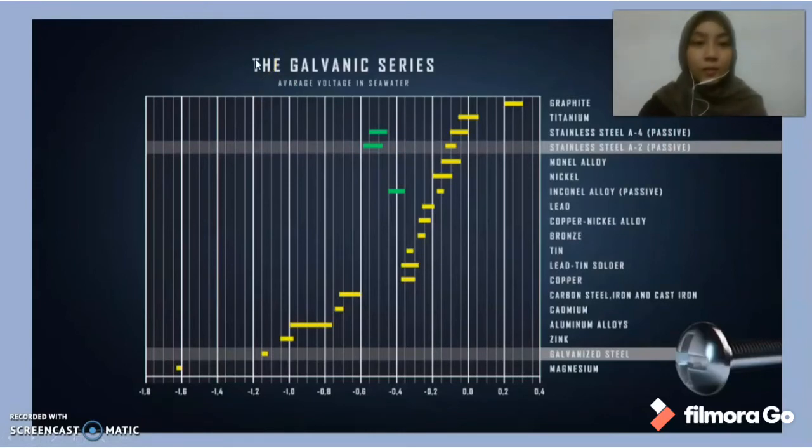So here's the galvanic series. If a normal galvanized steel screw is used to secure equipment made of stainless steel, the screw becomes the anode since the stainless steel is more noble.